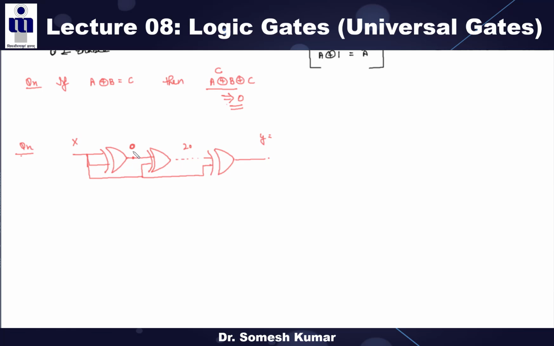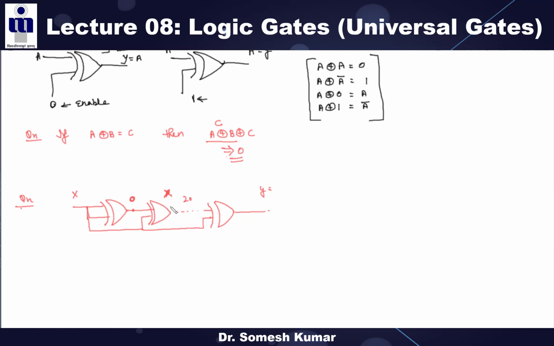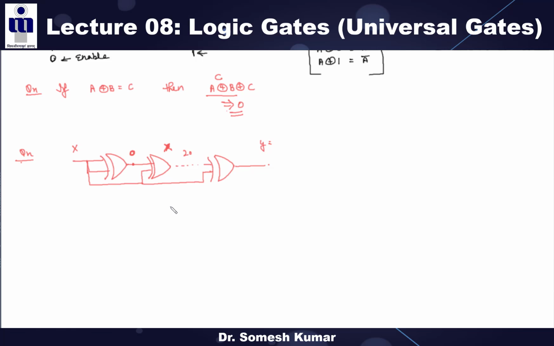In the second stage, what happened? 0 XOR X. What is the output? 0 XOR X will come as X, right? It becomes X. So similarly, if we follow the 20 stages, 20 is even, so after an even stage you will get Y equal to X. If it is an odd stage, for the odd you always get 0, right?